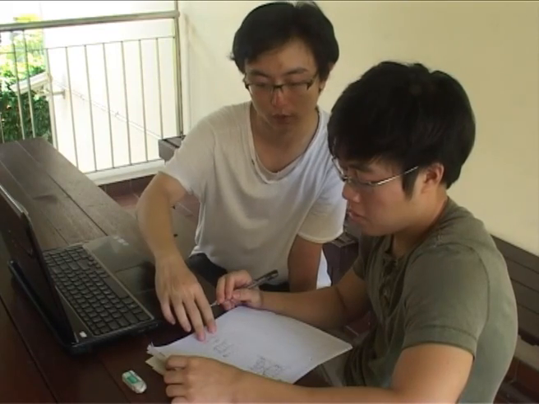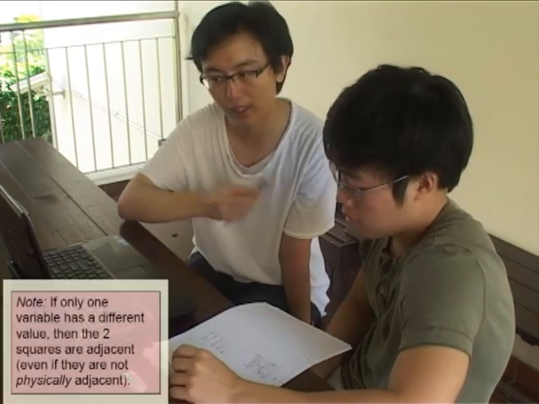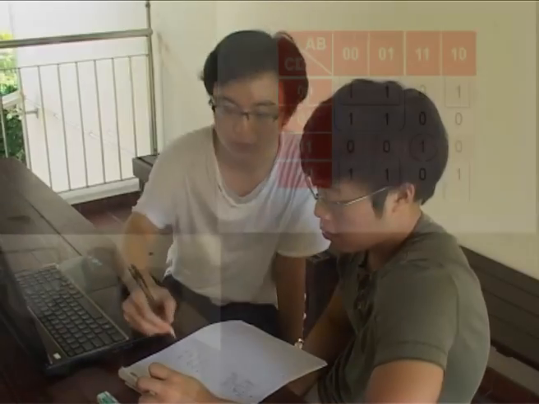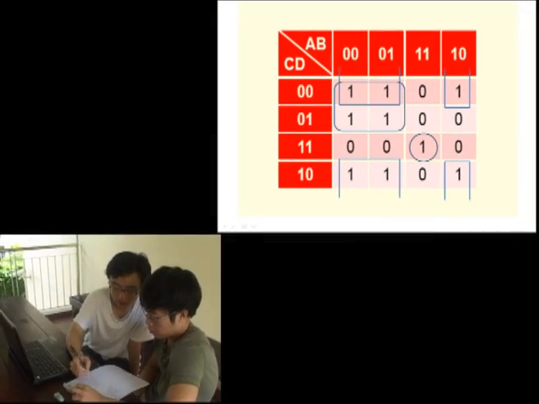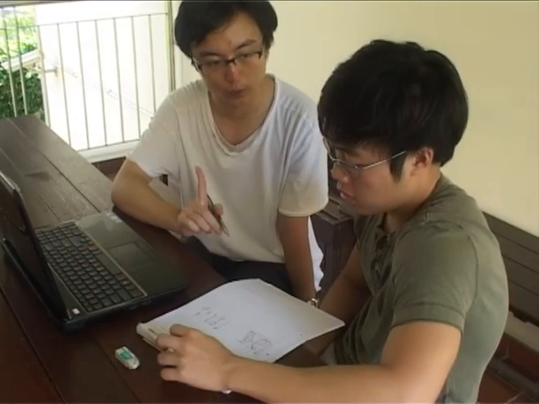No, this is wrong. Why? You need to group as many unit cells as possible. And the rightmost and the leftmost units are also considered adjacent. So this one, and this one, and this one should be considered as one group.